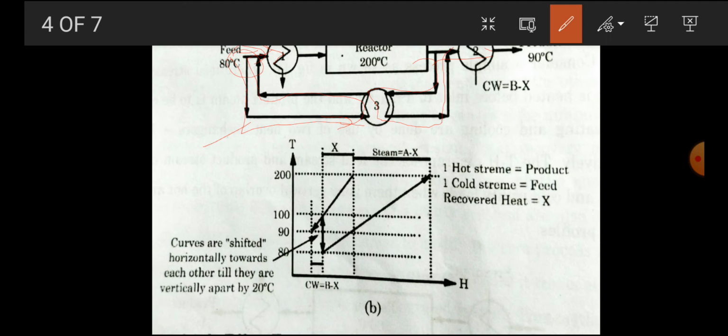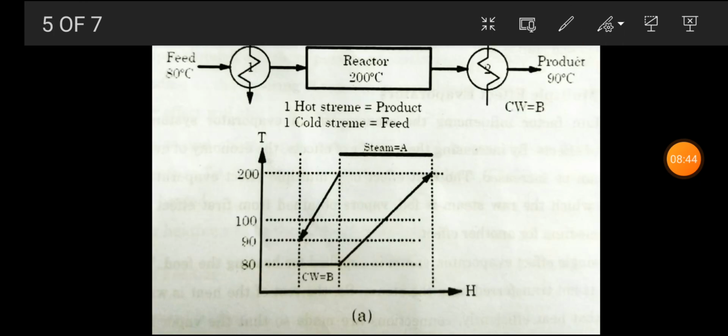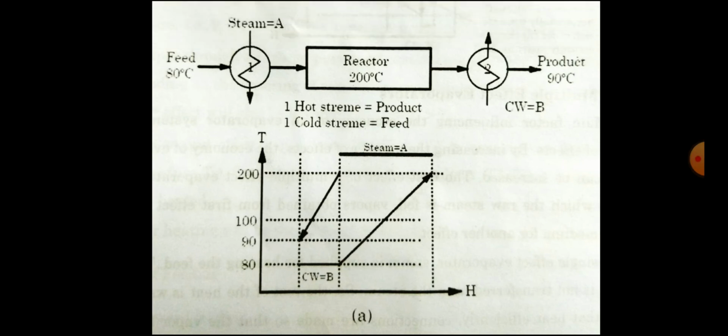Here, as you can see, the curves are shifted horizontally towards each other till they are vertically apart by 20 degrees Celsius. So hot stream is the product, cold stream is the feed, recovering heat X. So this is a simple heat exchanger.